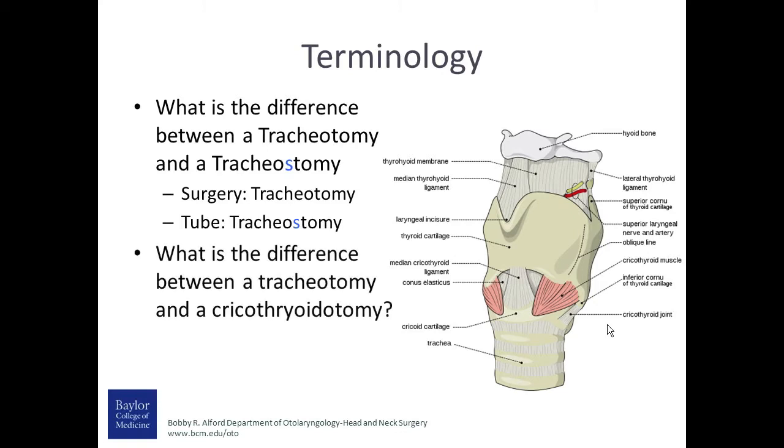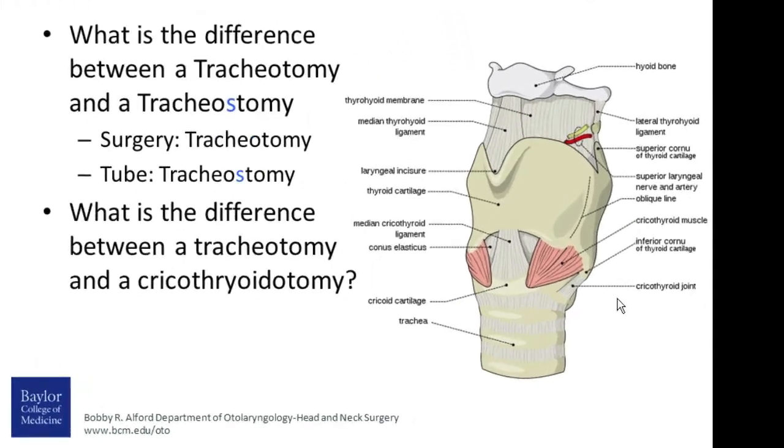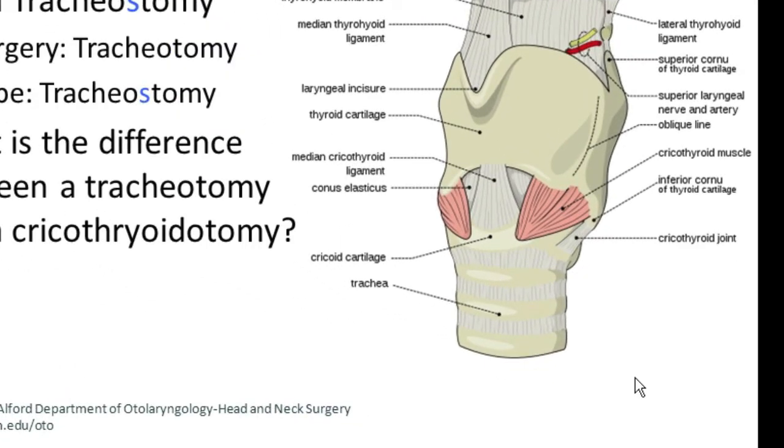Okay. So what is the difference between a tracheotomy and a cricothyroidotomy? So listen to the words. Again, otomy means put a hole in it. So tracheotomy means we place a hole in the trachea. Typically, we do this between the second and third tracheal rings, in general.